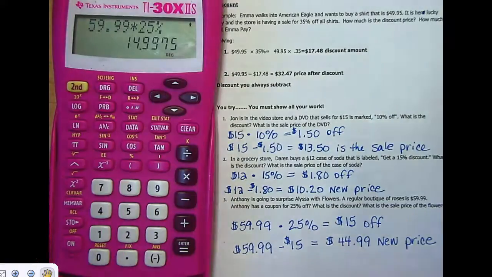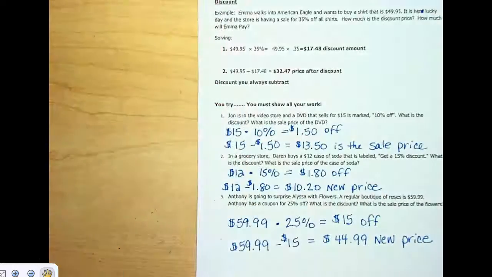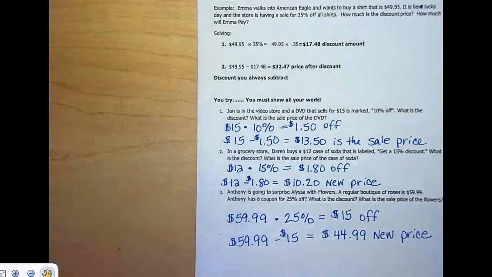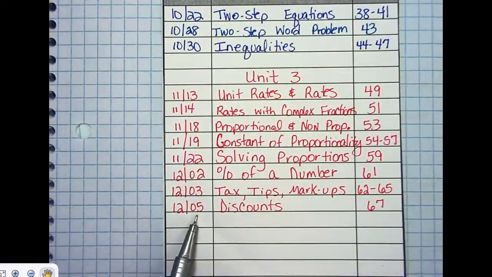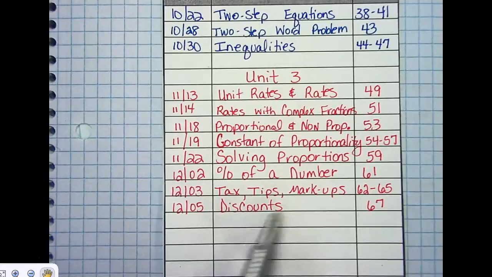All right, so let's put it in our journal, and then we'll look at the skills practice for this. If you remember, we already had discounts in our table of contents, but I'll show it to you again. So 12.5 discounts, and that's going to go on page 67.